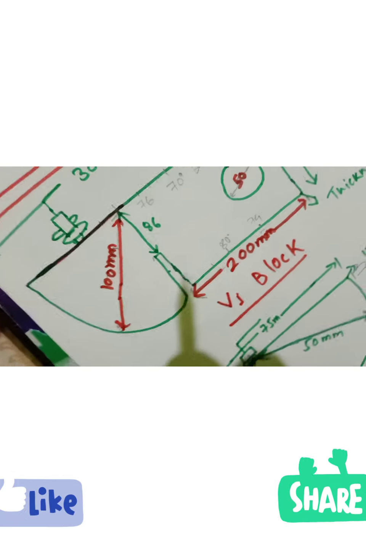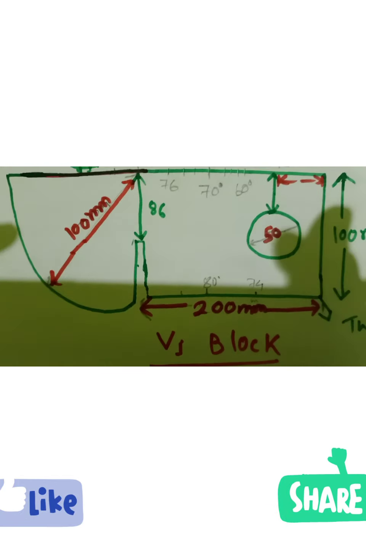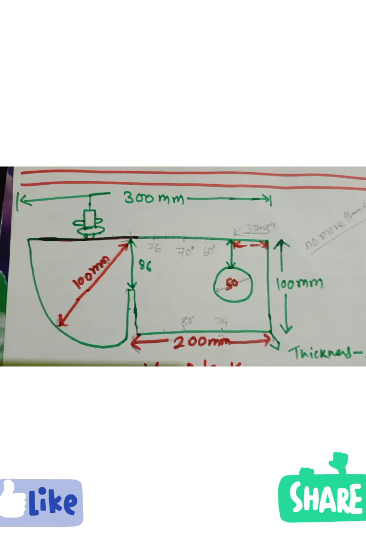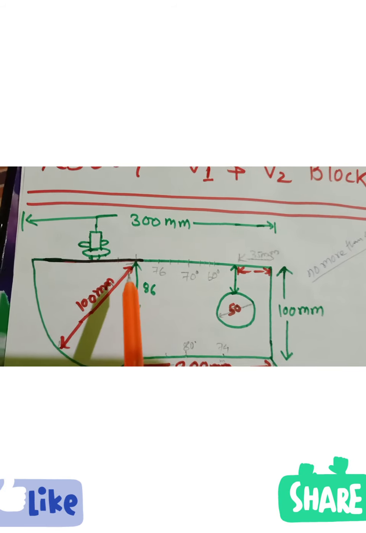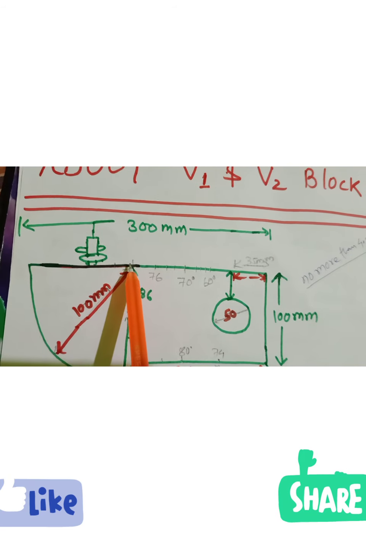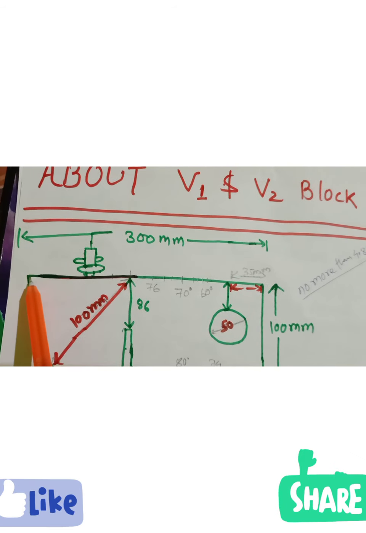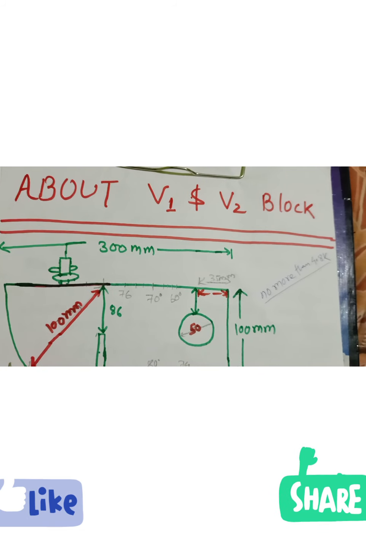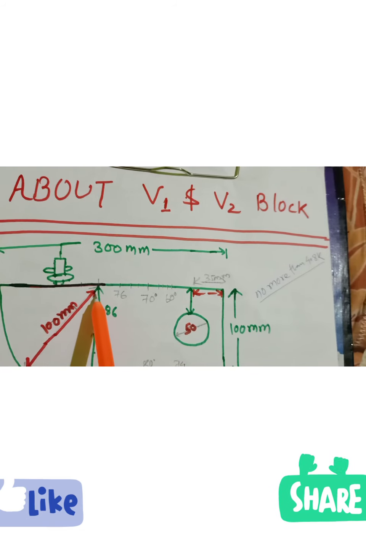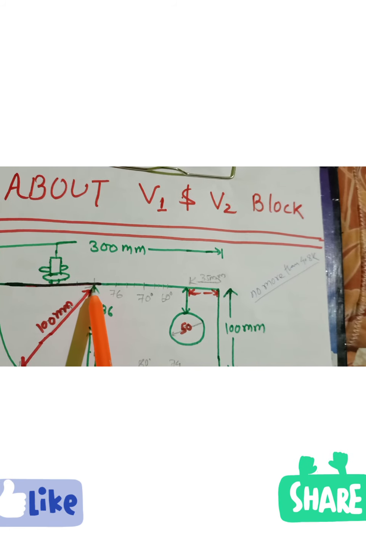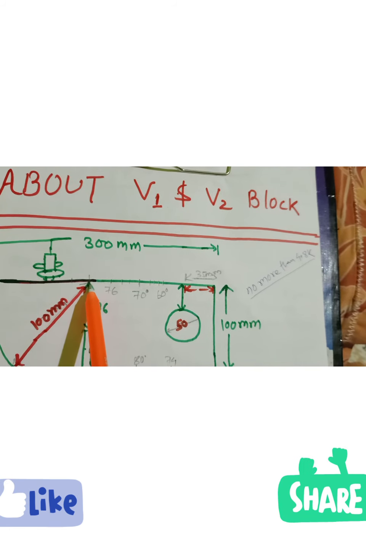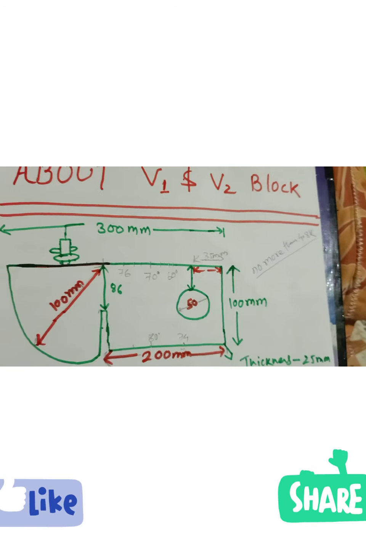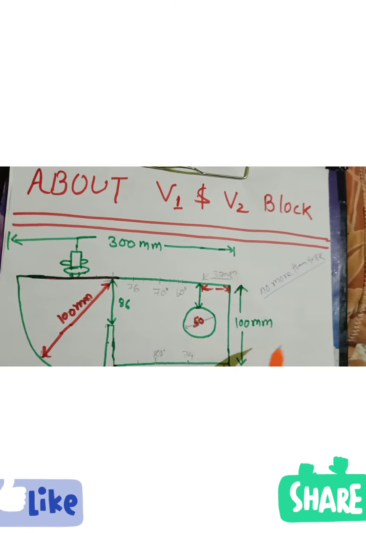So I am going to rotate it. See, this is the B1 block. Okay, now the radius, this is the radius, it is 100 mm.